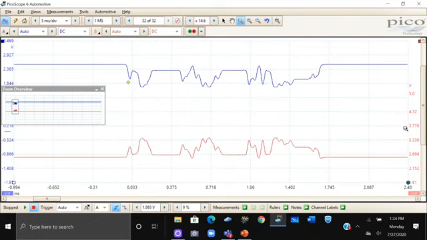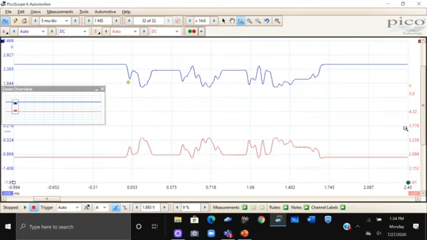Now, what we're looking for here is communication, where communication occurs in a mirror image format on the CAN high and CAN low. Okay? CAN low is on top, signal goes high, it's pulled low.